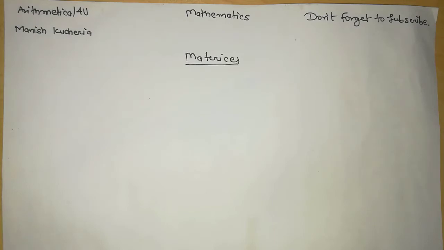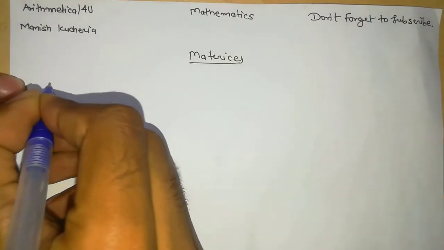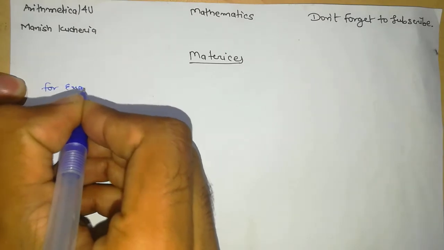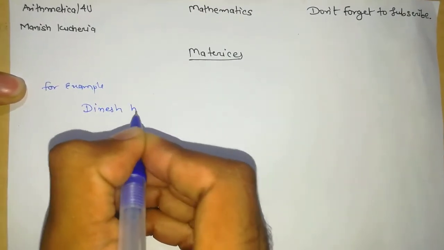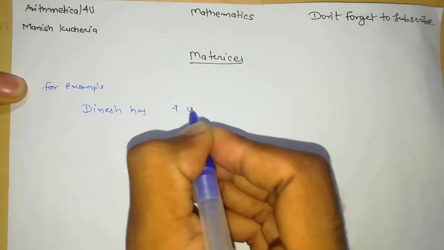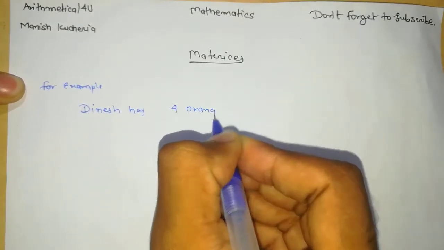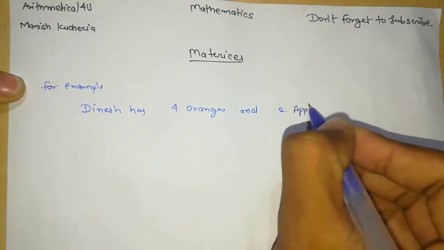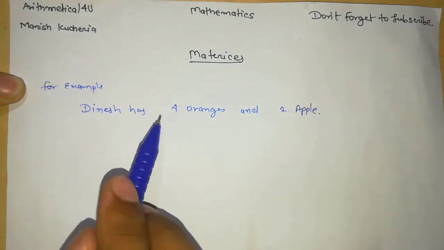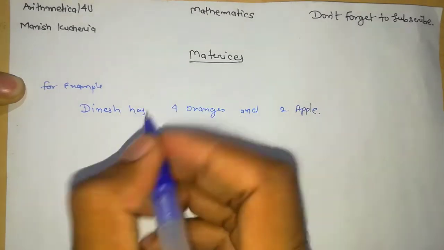For example, Dinesh has 4 oranges and 2 apples. Then how will we arrange this in a matrix? Just simple.